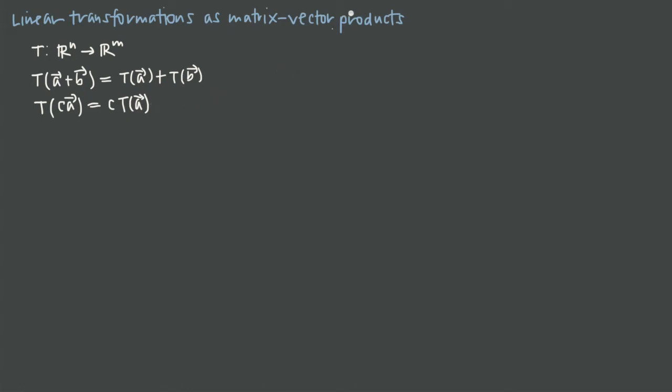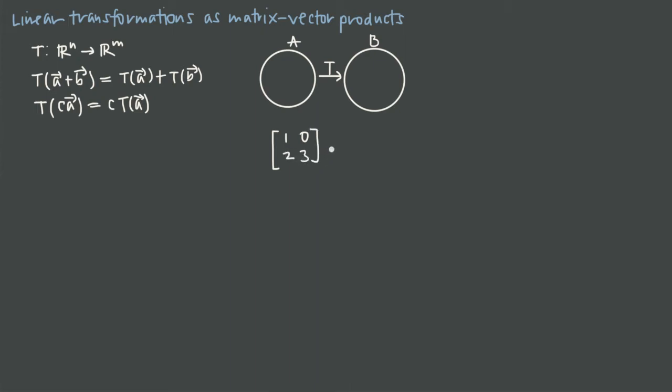And that's what we've already been doing, because we've been saying that if we have some subset here and some subset here, and we call this one A and we call this one B, the transformation T maps from A to B. Then we've been going on to say that we can express T as some transformation matrix, and so maybe we call T 1, 0, 2, 3, something like that, and we multiply it by a vector in A to get a result that is a vector in B, because the transformation is mapping vectors in A to vectors in B.